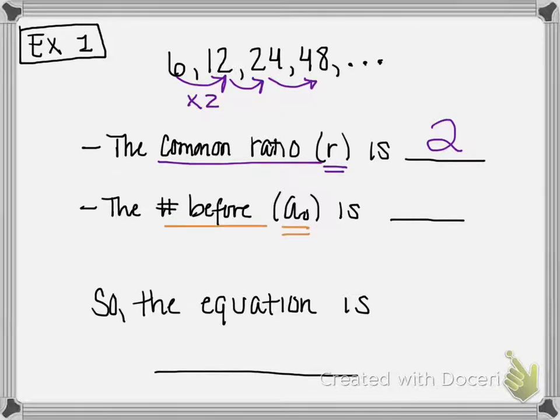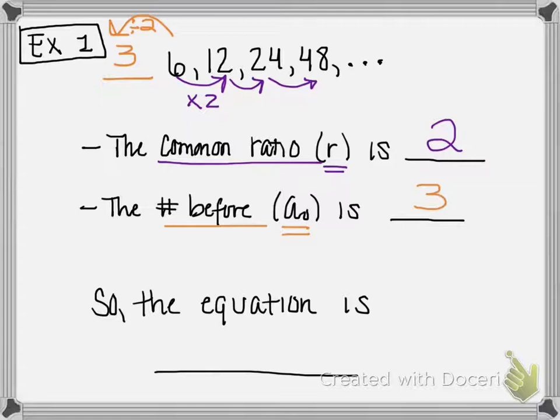That's our a sub 0. So we want to think about what came before the 6 in this sequence. We have to work backwards. To work forwards, we said we were multiplying by 2. The opposite of multiply, to work backwards, would be to divide by 2. So 6 divided by 2 means that the number that came before the 6 is really just the number 3.